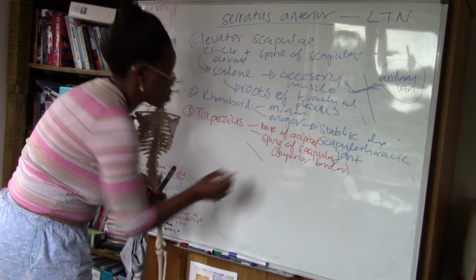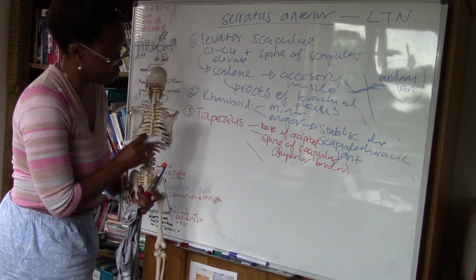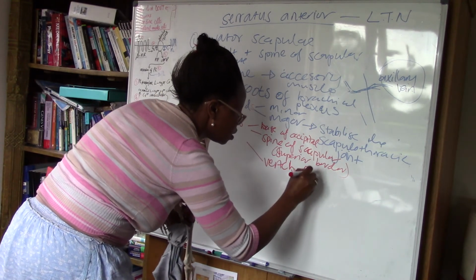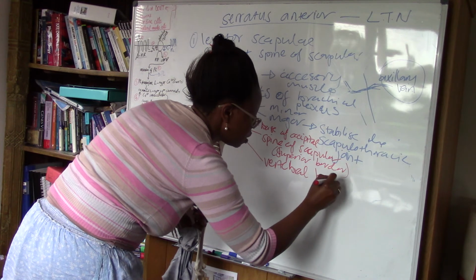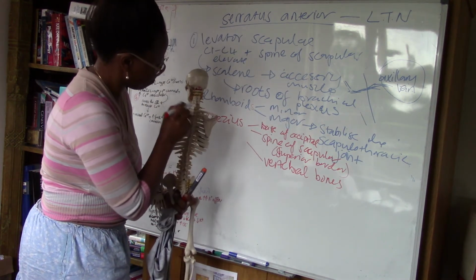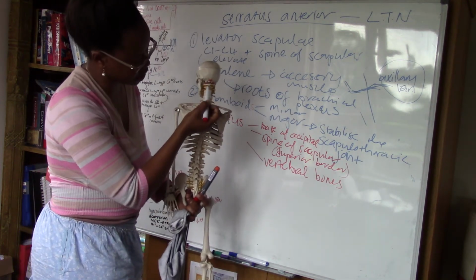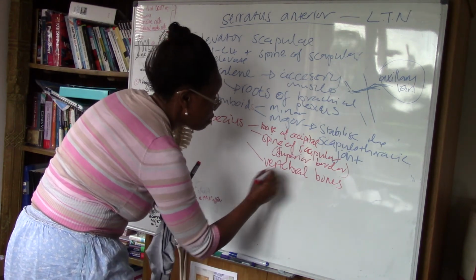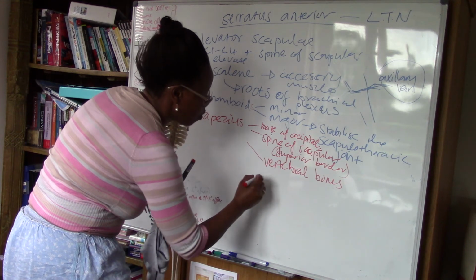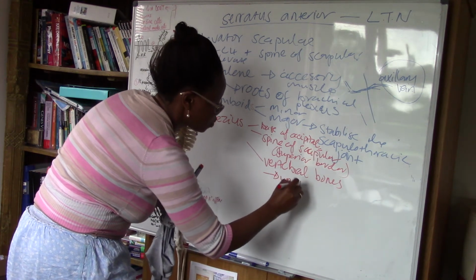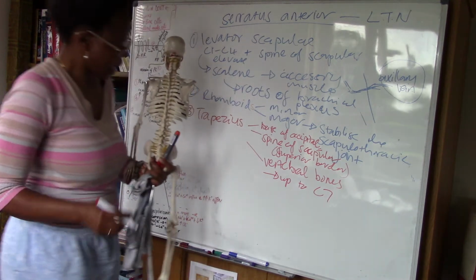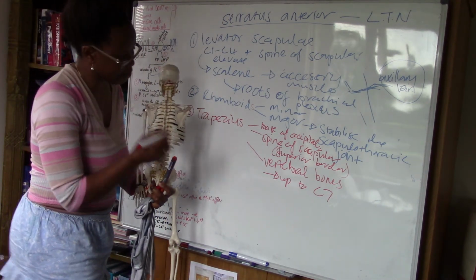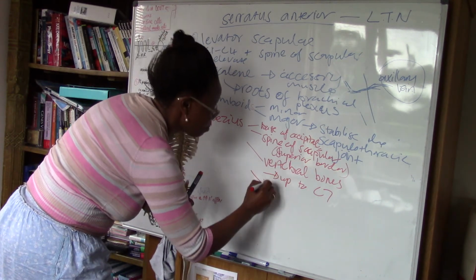And then it will also insert into the vertebral bones from the occipital point up to C7. And trapezius will also insert at the inferior border of the scapula.